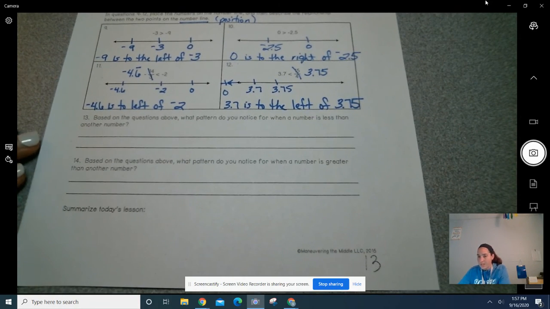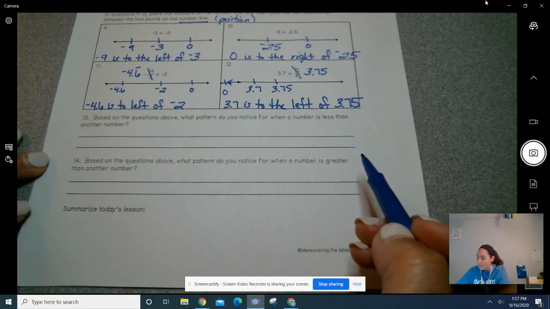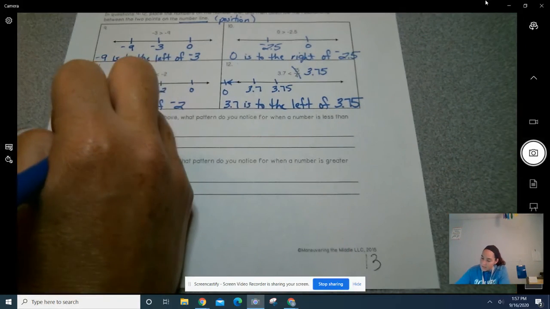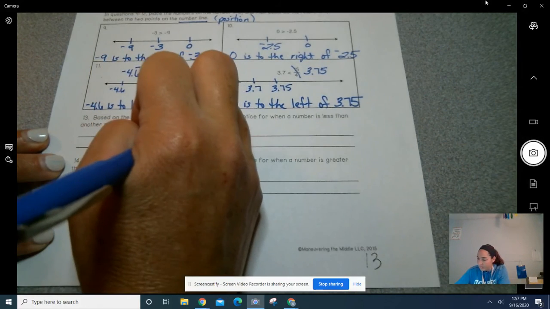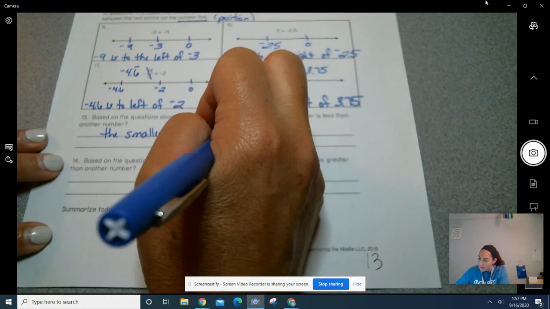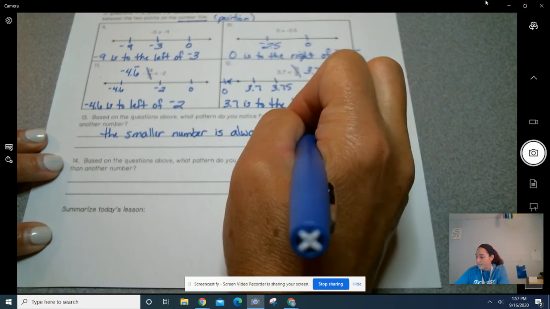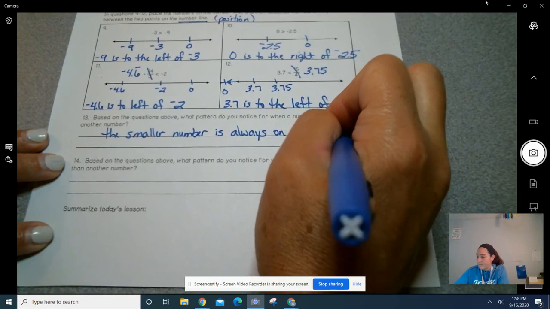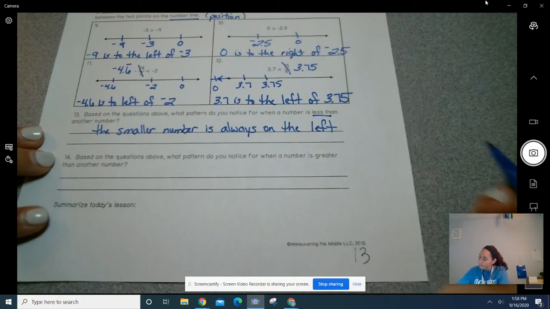Okay, for number 13, one of the things that I noticed when a number is less than another number is that the smaller number is always on the left when we are looking at less than.